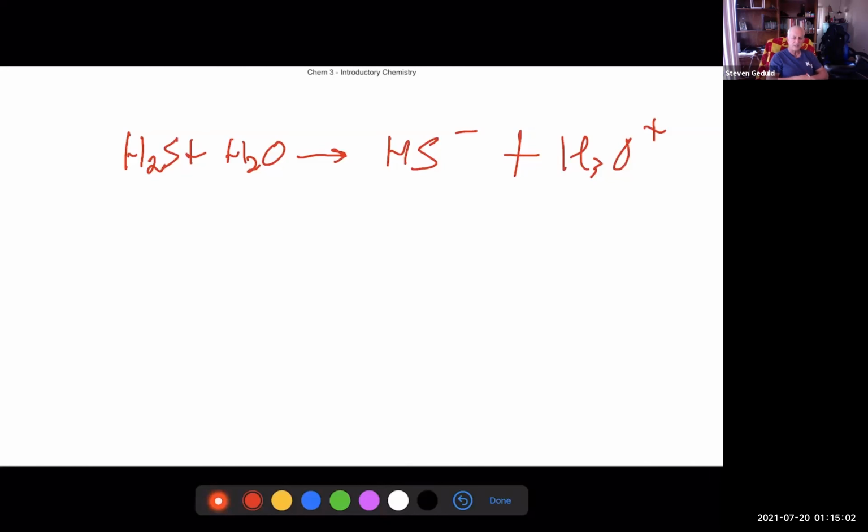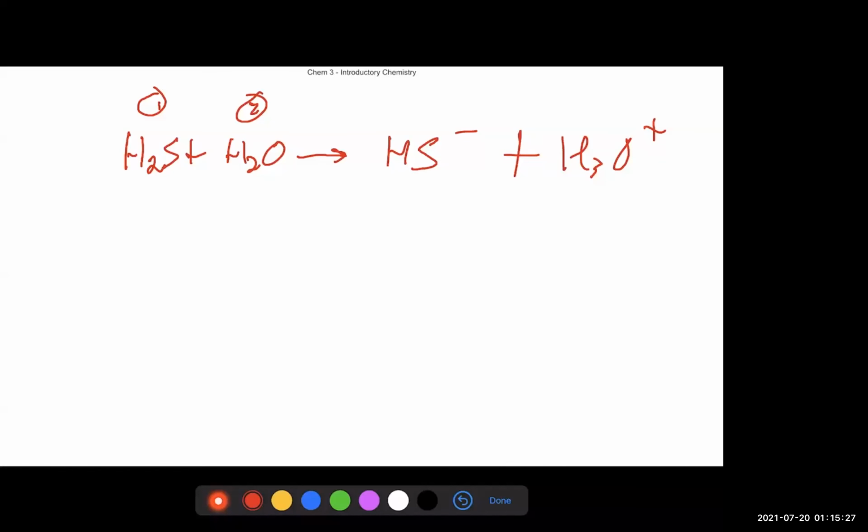Now one is an acid, one is a base, because one is donating a proton, one's accepting a proton. So this is H2S, this is our first one, this is our second one. Is number one or number two donating a proton, giving one off? Proton is an H. So which one's losing an H? Number one. Right, perfect. So this is your acid.